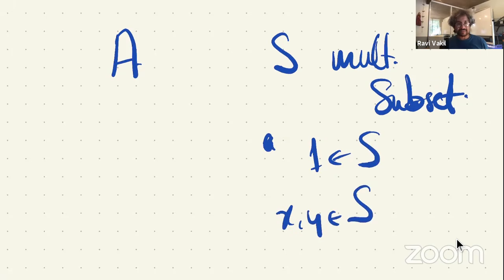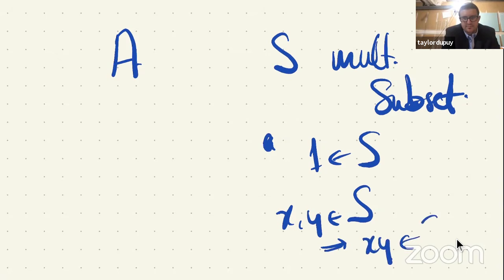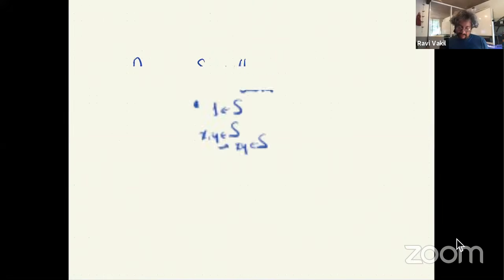So if you have a ring and a multiplicative subset, let me say that 1 should be in S, and if X and Y are in S, then the product of the two is in S. People may disagree on the definition, but I'll stick 1 in S. Then I'm going to localize at S, allowing those elements in the denominator.